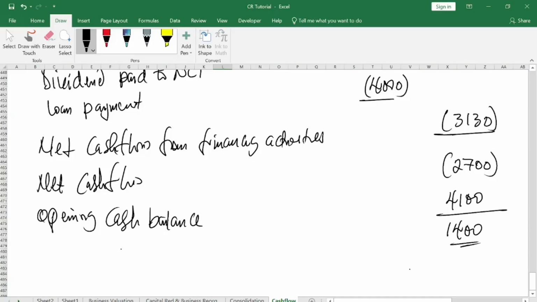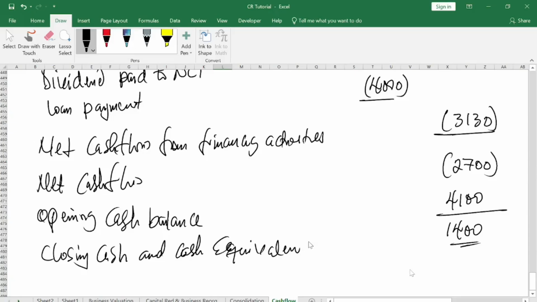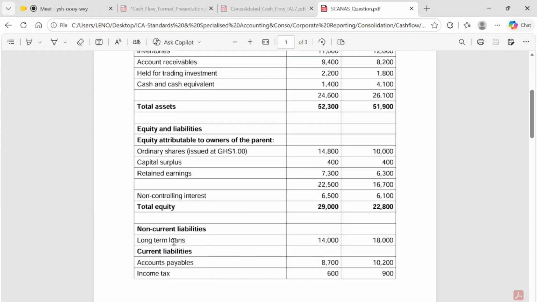So this is the closing cash and cash equivalent. If you do it like this, and it doesn't balance with what you have in the statement of financial position, then your calculation is wrong. Have you seen the closing balance for cash and cash equivalent?